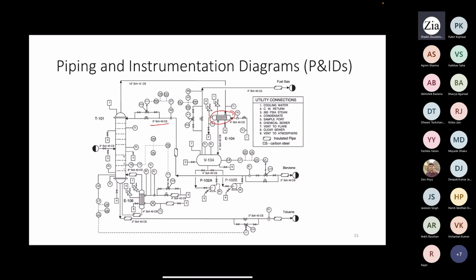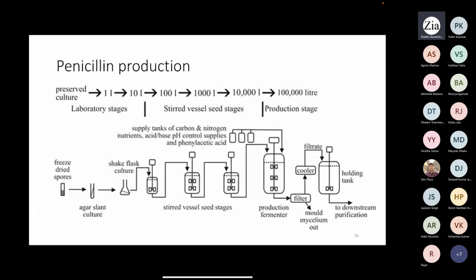Now, if I give an example of the first diagram, it is strictly not following any of this convention, but if you see the penicillin production scheme, we know that the objective is to produce 1 lakh liter per day, and to start with the production, you use the dried spores preserved in a vial, then you grow them in a test tube, prepare slant culture.